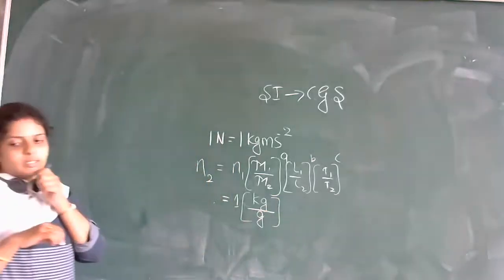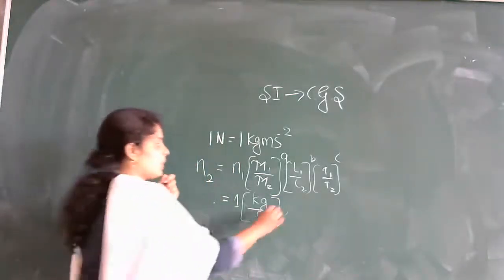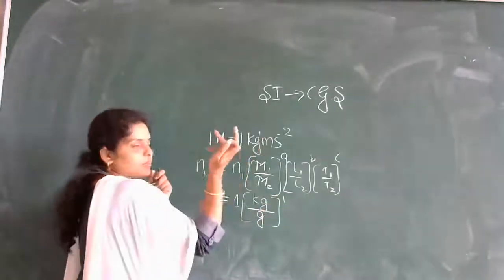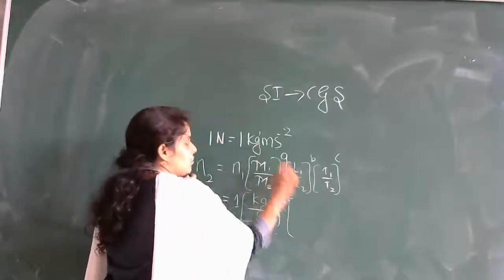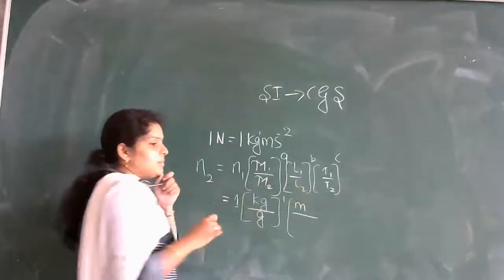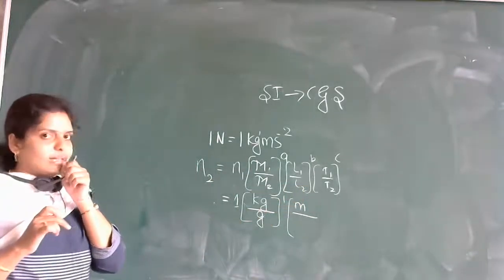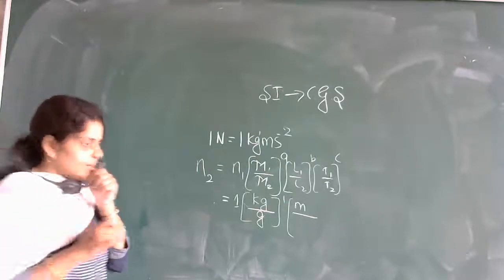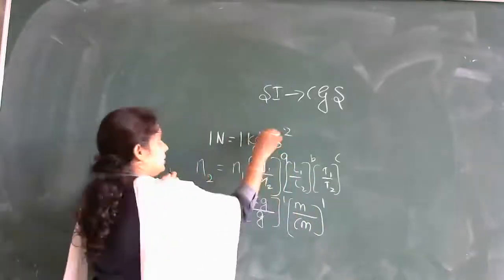Next, the power I'll take as 1 because nothing is written on kg, so it is 1. Next, L1 divided by L2. L1 is meter, divided by, in terms of the CGS system, what is the unit of length? It is centimeter. Here also to the power of 1.